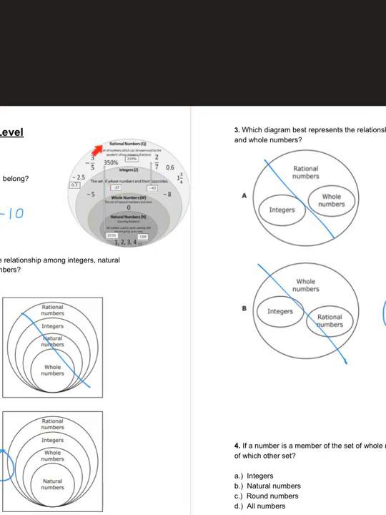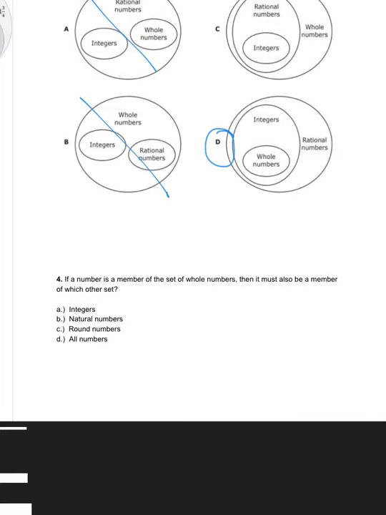So we are looking for the answer choice that says integer or rational. Natural is no good. Over here, we have integer as an answer. Natural number, we already said natural is no good. Round numbers, that was just made up, and it is not a set part of all of the numbers. So the answer you would want to pick would be integers.